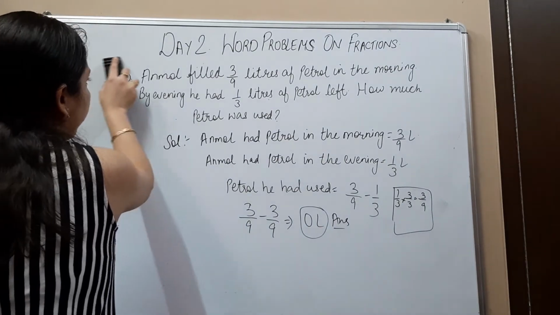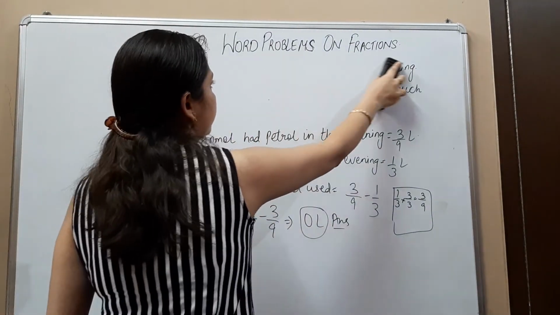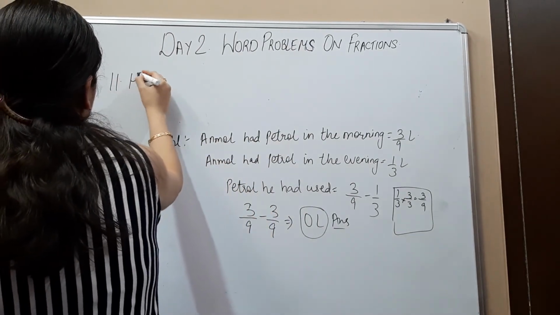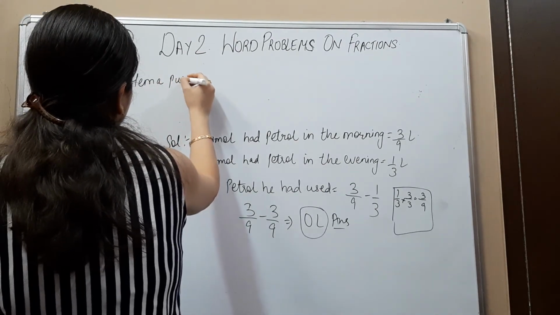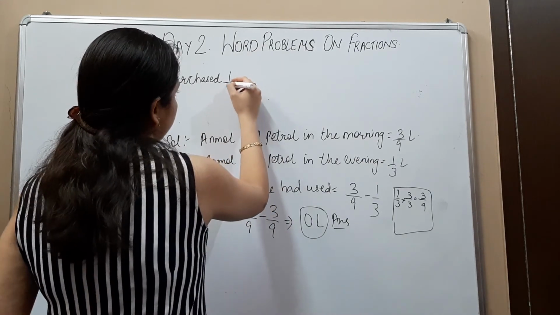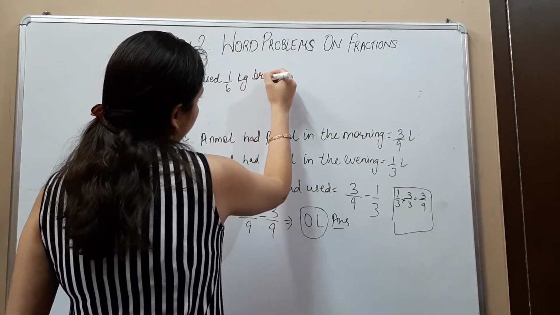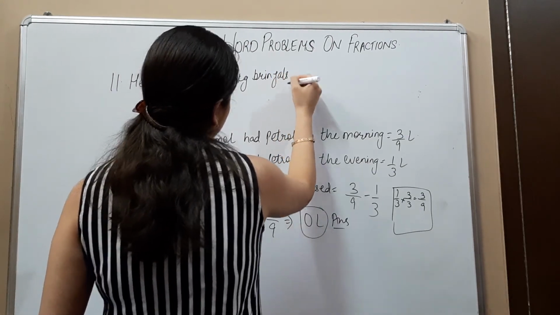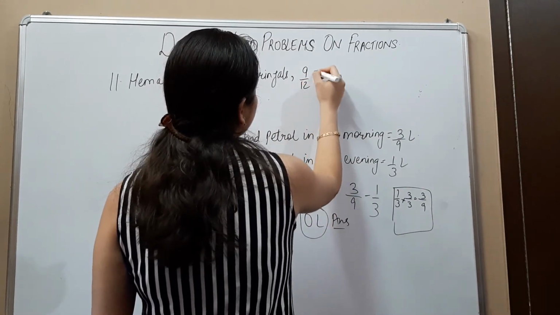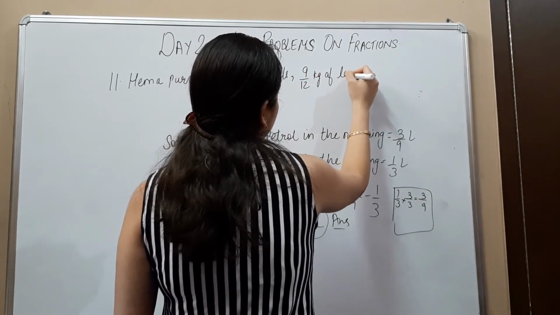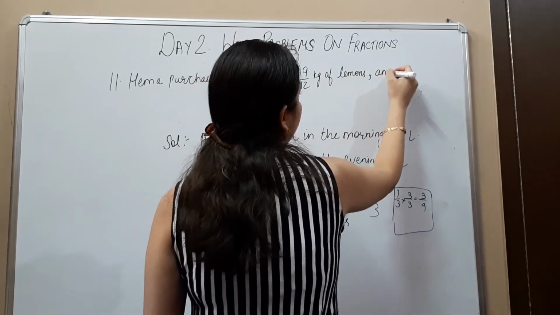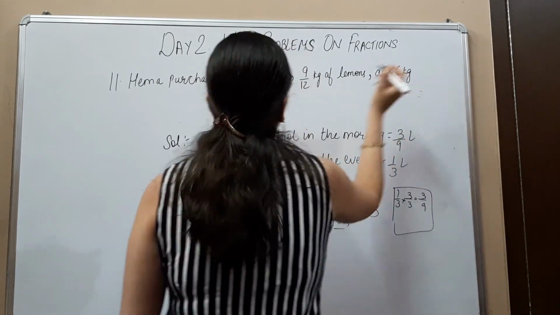Let's move to number 11. So, Hema purchased 1 by 6 kg of brinjals, 9 by 12 kg of lemons, 6 by 8 kg of tomatoes.